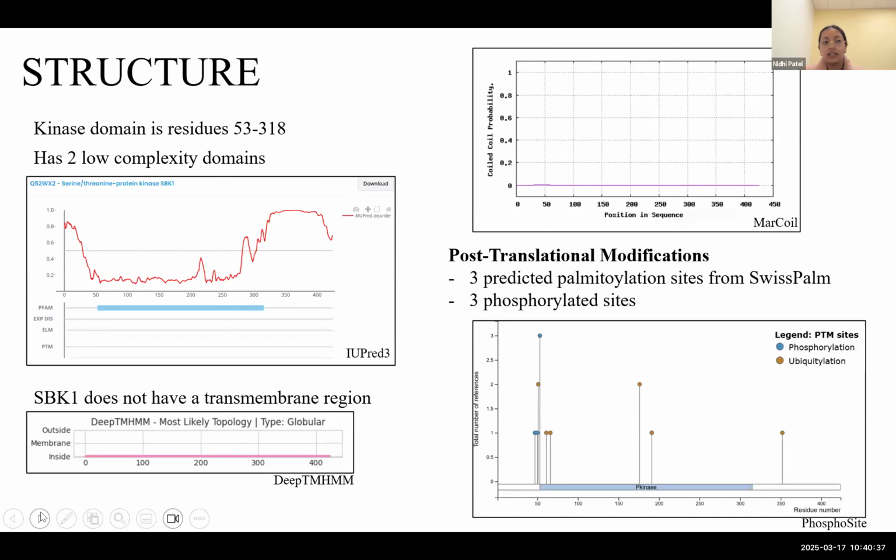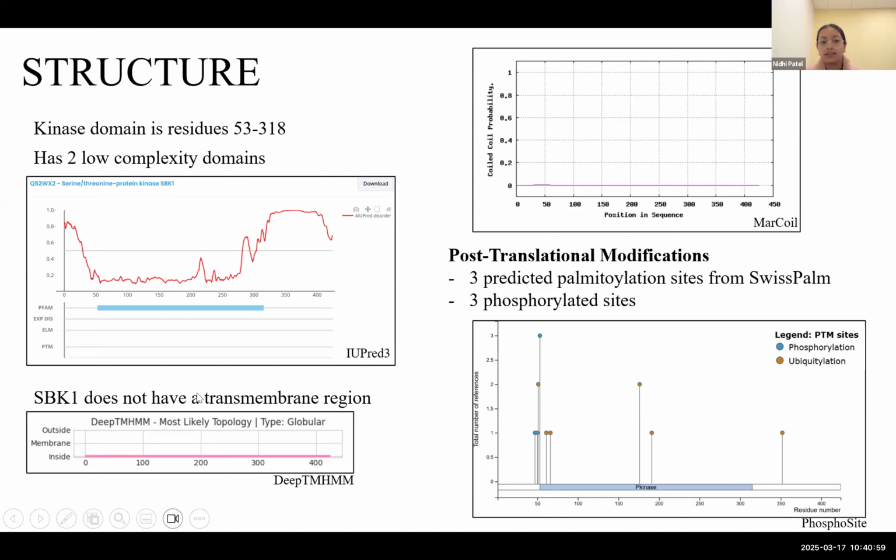Now, regarding its structure, it does have the kinase domain from residues 53 to 318, and it has two low complexity domains. It is disordered, as shown here on the IUPred3 database, and it is near the N terminus and the C terminus.